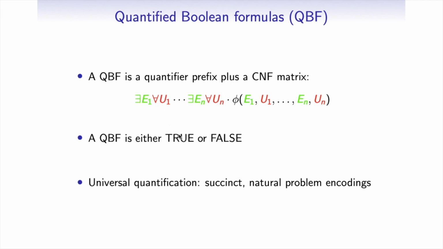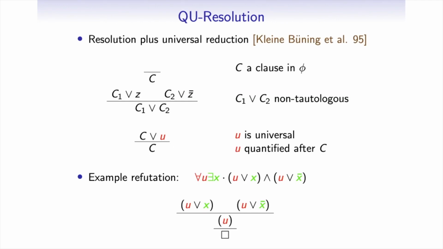Now a QBF is either true or false because all the variables appearing in this CNF here are quantified. And the addition of this universal quantification gives us succinct, should we say, natural problem encodings, right? Things which might be difficult to encode just in propositional logic. Well, you add some universal quantification and you get something which is manageable.